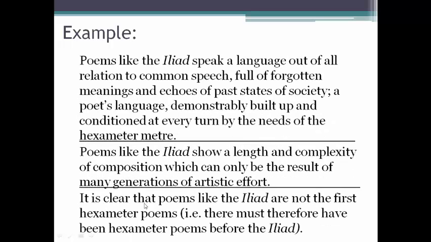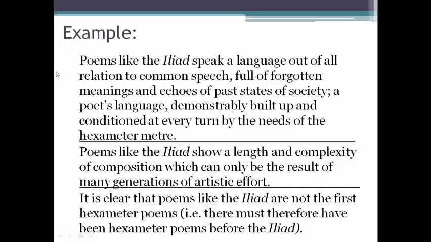So if we want to turn this argument into standard form, it's going to look like this. We've got this first premise: poems like the Iliad speak a language out of all relation to common speech, full of forgotten meanings and echoes of past states of society, a poet's language demonstrably built up and conditioned at every turn by the needs of the hexameter meter.